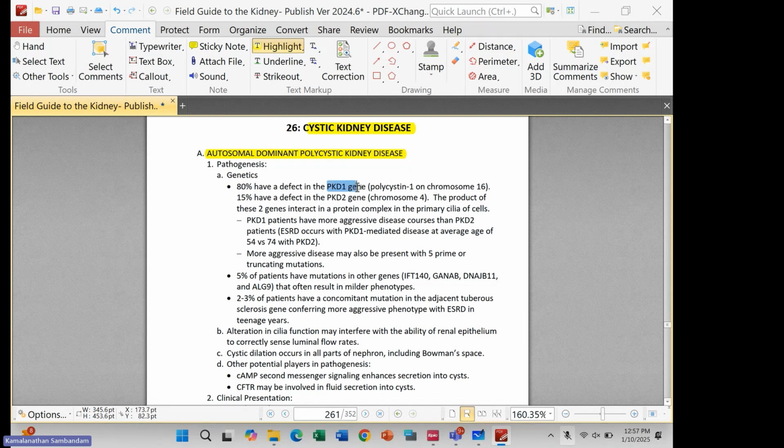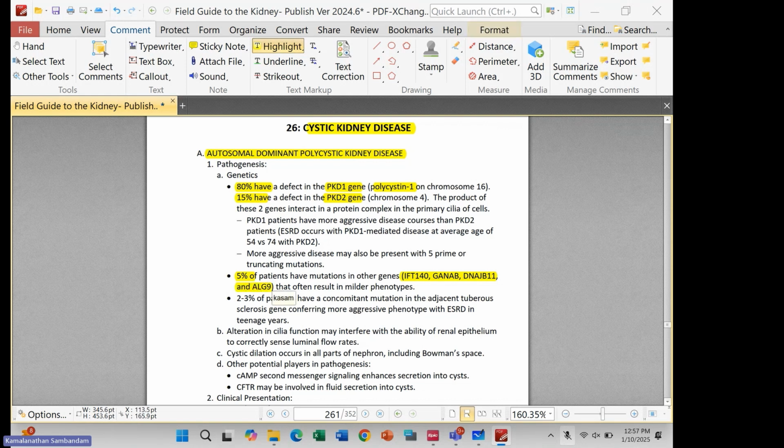Now, the mutations are generally most commonly in a gene called PKD1, which codes for polycystin. Now, you can have a mutation in the PKD2 gene in a lesser proportion of patients. And then keep in mind that there are other less common mutations in other genes that can also cause ADPKD.